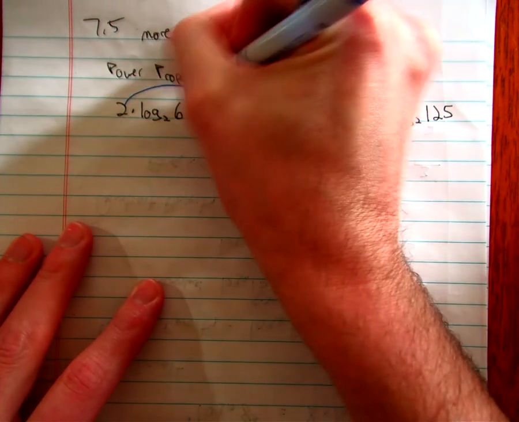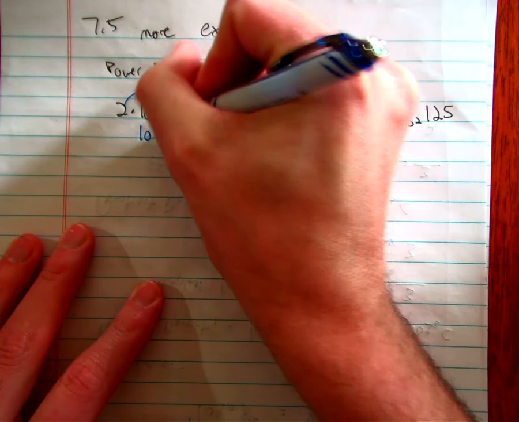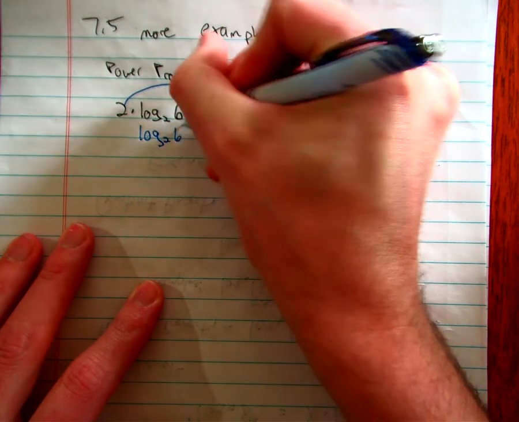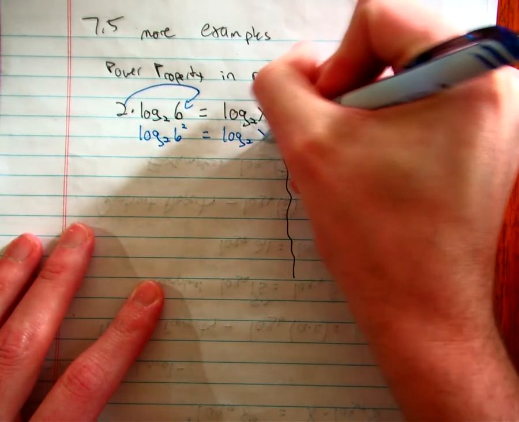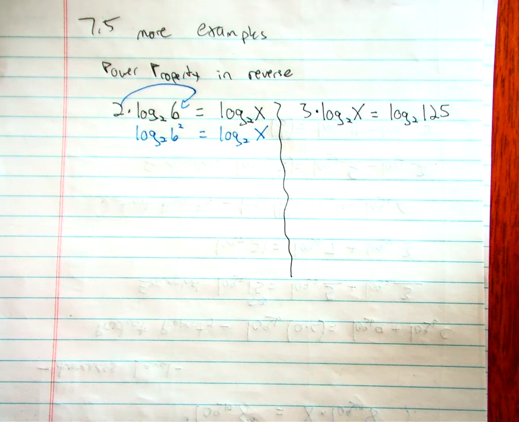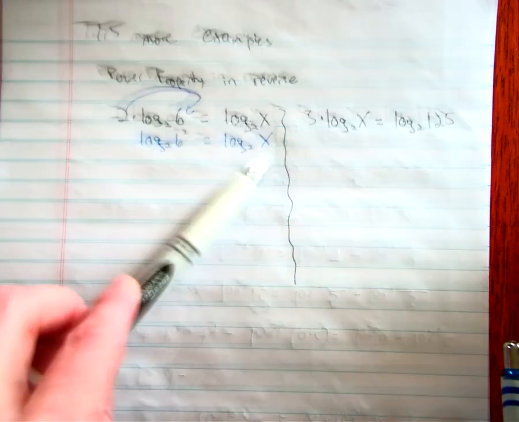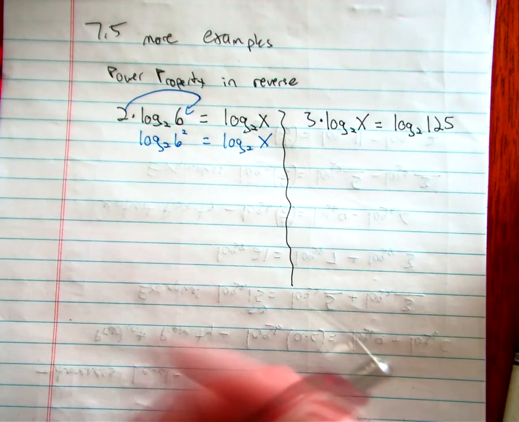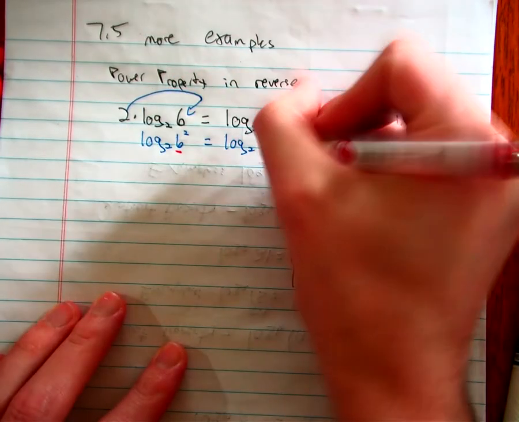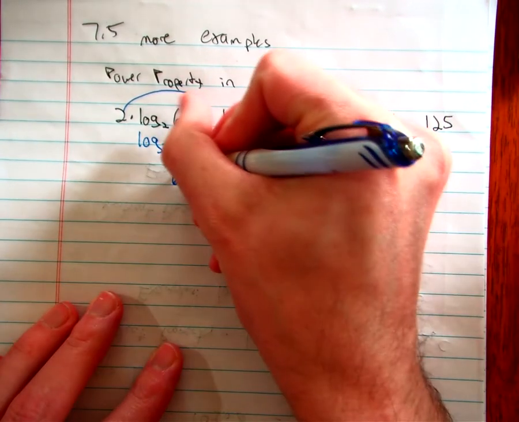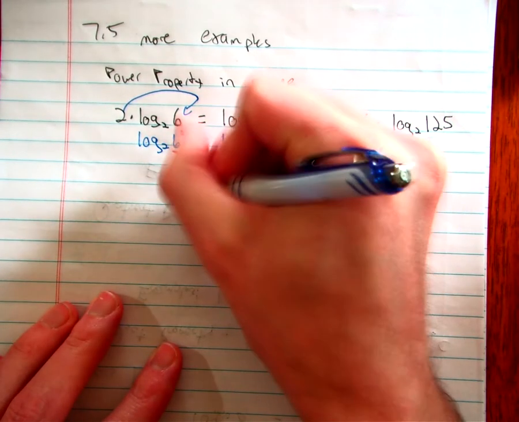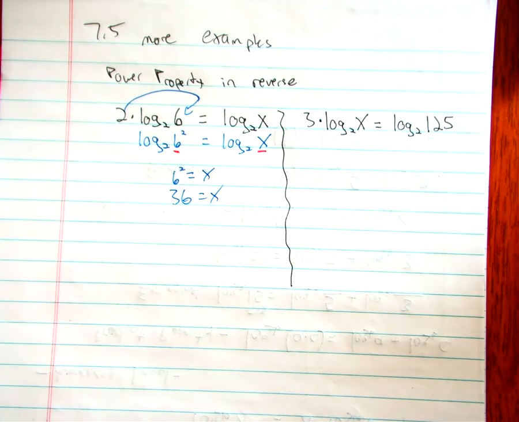I'm going to want to move this up on top again. Log base 2 of 6 squared equals log base 2 of x. So if this is equal to that, this part has to be the same as this part. 6 squared is going to have to equal x. We're going to need x to be 36.